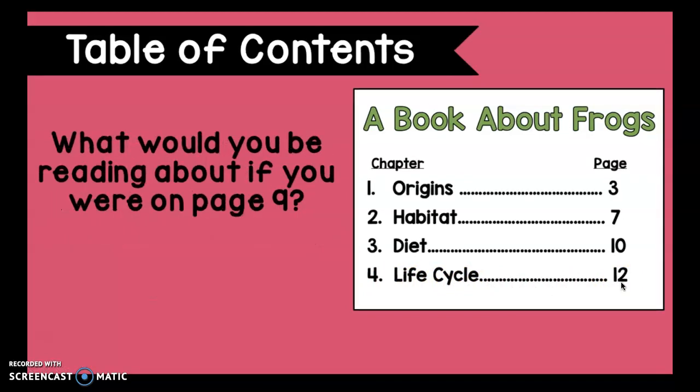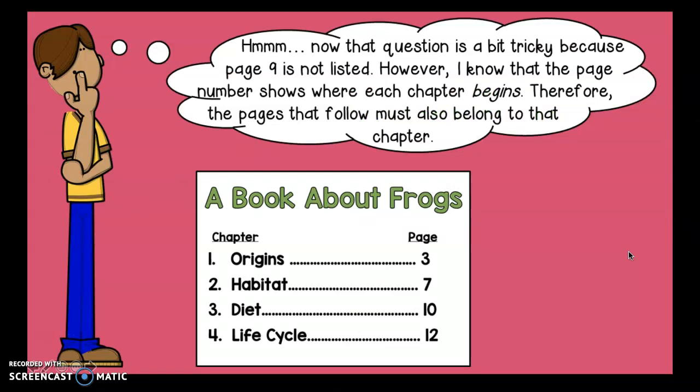Now, what would you be reading about if you were on page 9? Well, let's look. Do we see page 9? Now, that's a question that's a bit tricky because page 9 is not listed. However, I know that the page number shows where the chapter begins. Therefore, the pages that follow must also belong in that chapter.